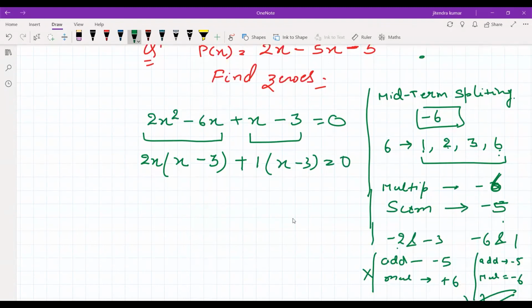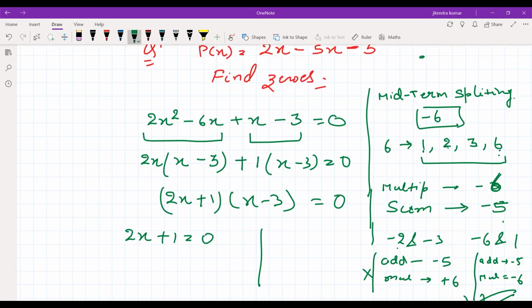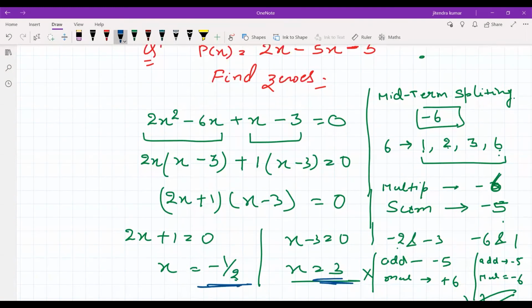Now we can factorize it as 2x plus 1 into x minus 3, and this should equal 0. So we have two possibilities: 2x plus 1 equal to 0 and x minus 3 equal to 0. The two answers are x equal to 3 and x equal to minus 1 by 2. So these are the two zeros here, minus 1 by 2 and 3.